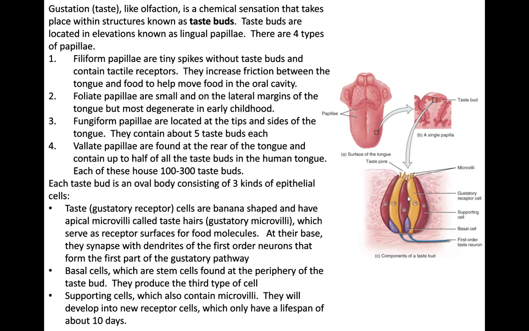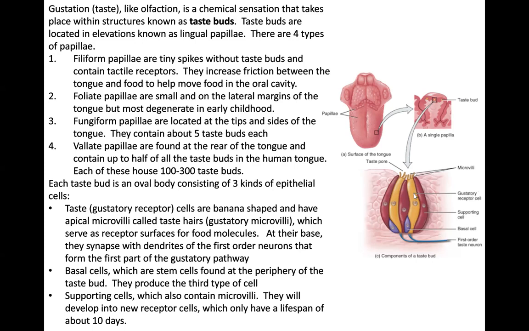And here's what a taste bud looks like. It's an oval shaped structure made up of 3 types of cells. It's pretty much the same situation as we saw the other day in our nose. You have a receptor cell that is actually doing the tasting, then you've got basal or stem cells, and then you've got supporting cells. Let's talk about the taste cells, or as they're more fancily known, gustatory receptor cells.